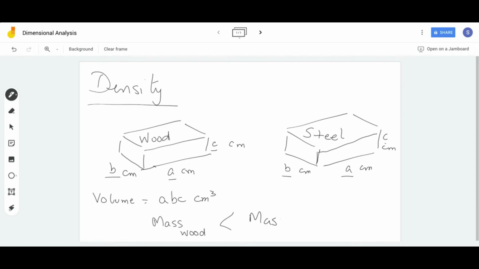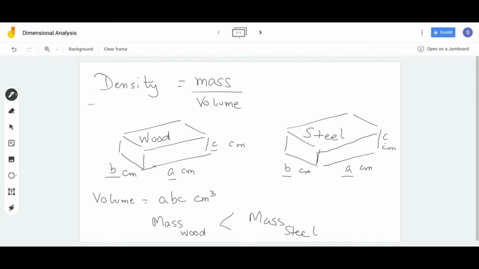So when it comes to density measurement, let me erase this density part right here because I'm running out of space. What that would mean is density is simply measured as mass over volume.